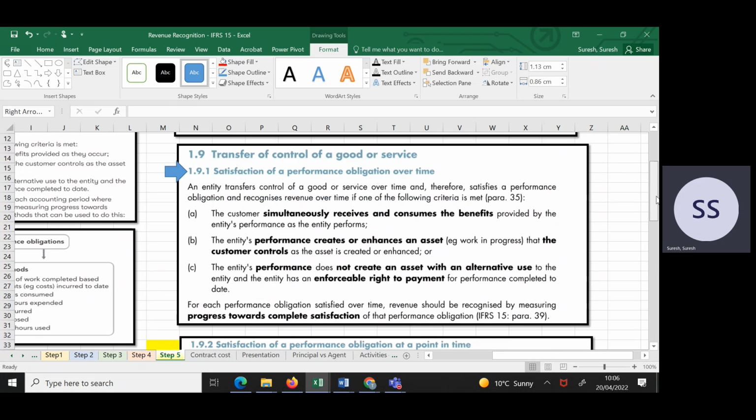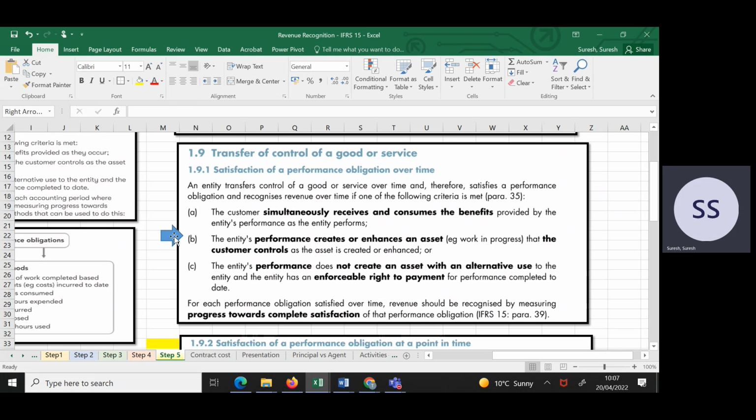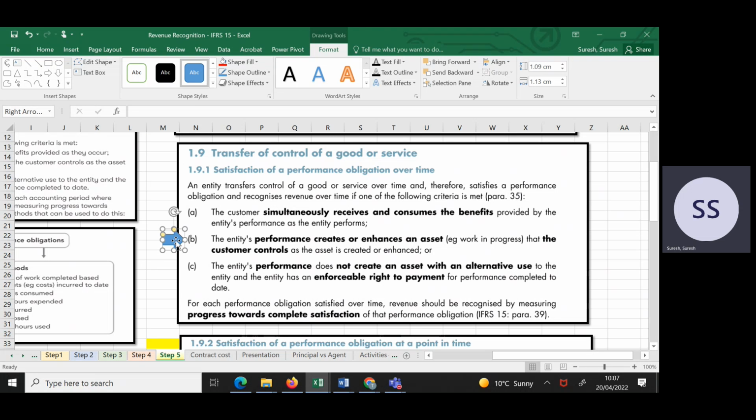So the next one here, as I pointed out, these are the circumstances under which the performance obligation will be considered satisfied over a period of time. In order for us to consider the performance obligation to be satisfied over a period of time, these criteria need to be met.